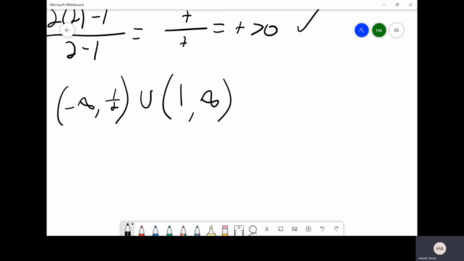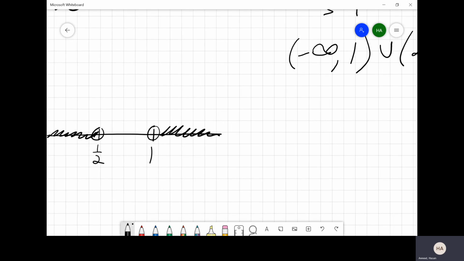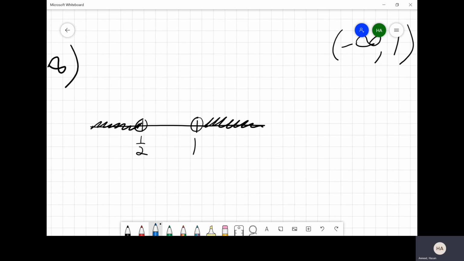So this number line is going to be from, again, 1/2. So I put 1/2 here, and I'm going to put 1 here. And we wanted all of these numbers, not including 1/2, not including 1, and all of these numbers as well, right? And now I'm going to draw this number line, so negative infinity to 1, and then 2 to infinity right underneath it.